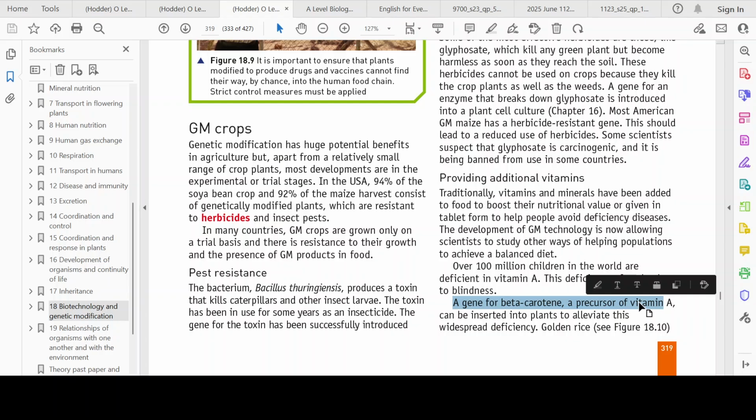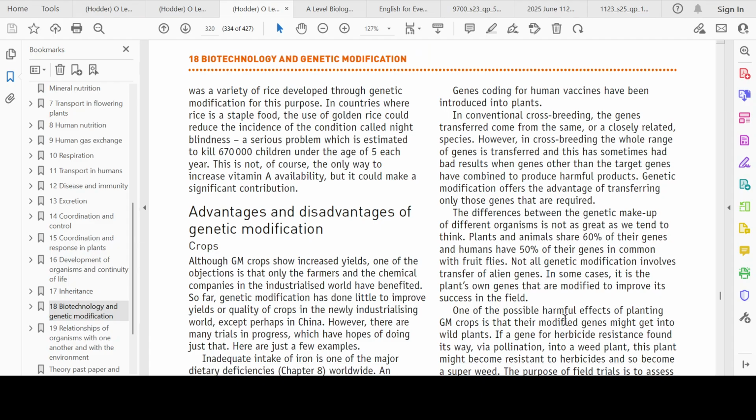So it's not directly vitamin A, it's beta carotene, right? So that gene can be inserted into these plants, right? And so when we eat that, our body processes beta carotene into vitamin A. And so in regions where vitamin A deficiency is prevalent, which often leads to blindness, eating these crops with additional vitamin A is going to be helpful.